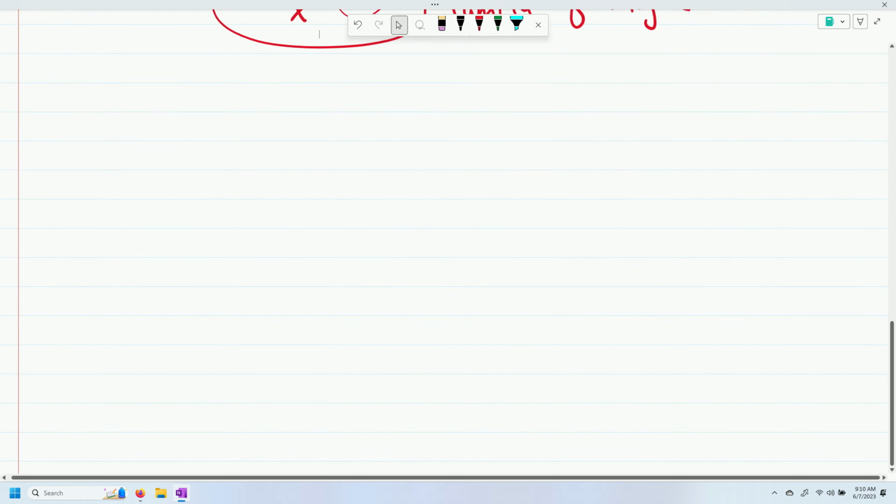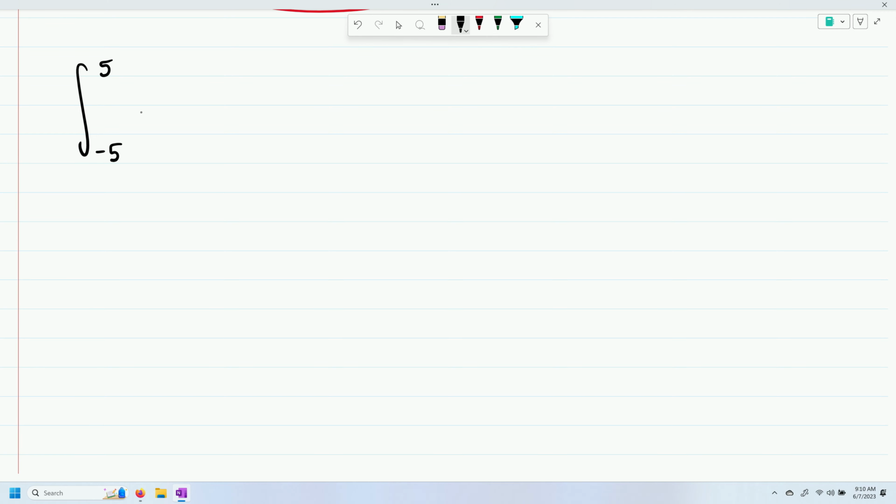Conversely, with a problem like this, we have the integral, and this is a very nice easy one. We have the integral from negative 5 to 5 of pi dx. Now, with this problem, first things first, we got to remember pi is a constant, all right? It is a constant value.